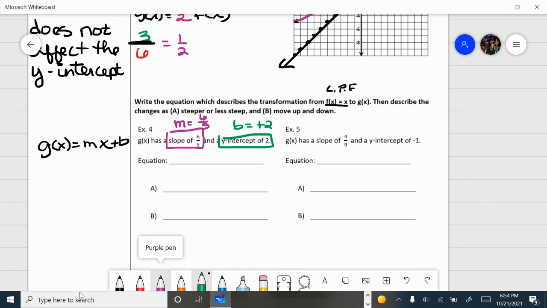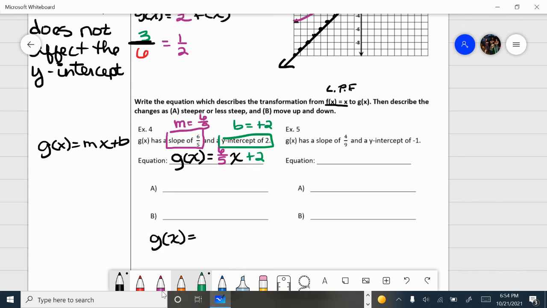So our equation is going to be g of x equals 6/5x plus 2. Now, we can write this in function notation form as well, with f of x as part of our function.